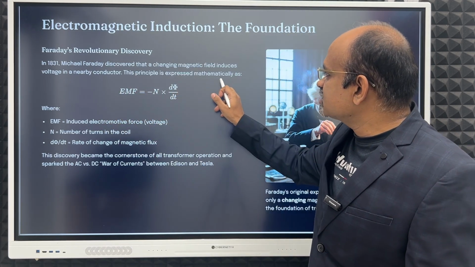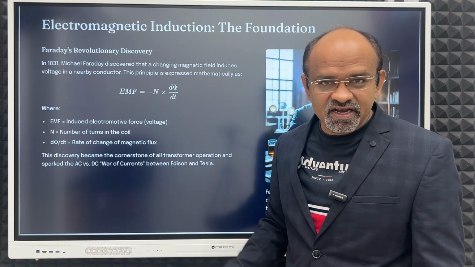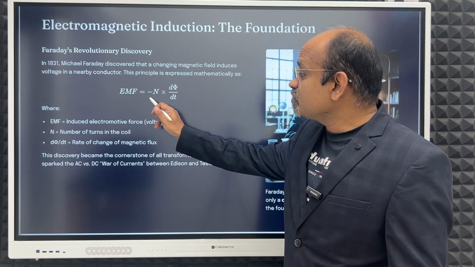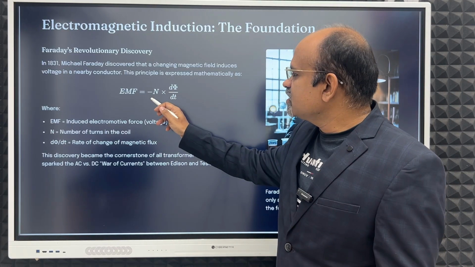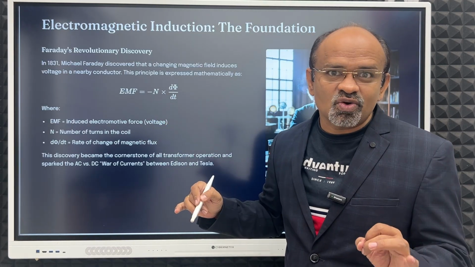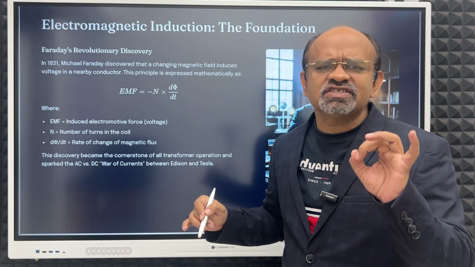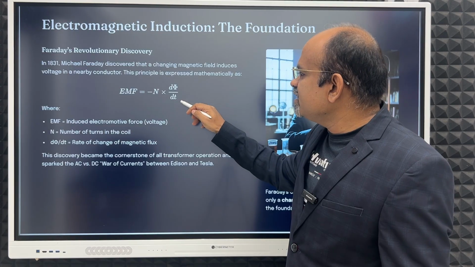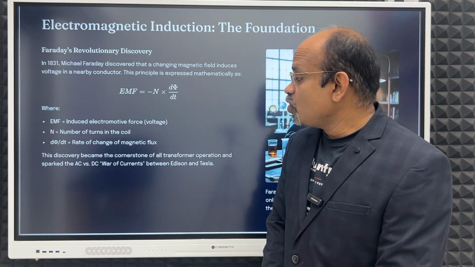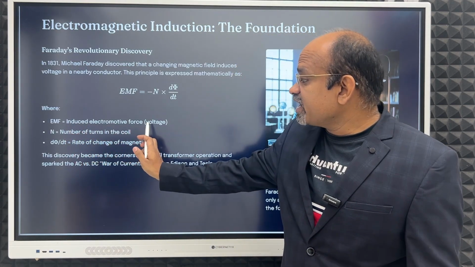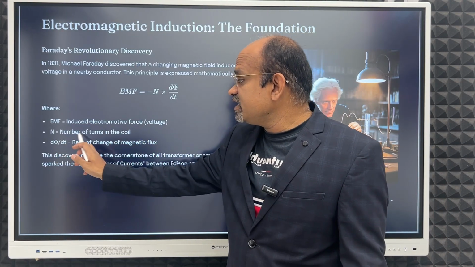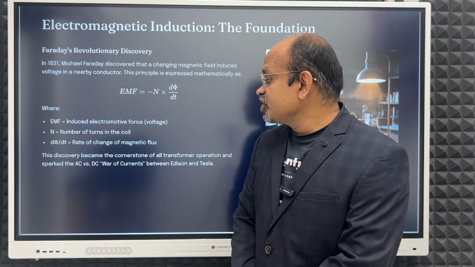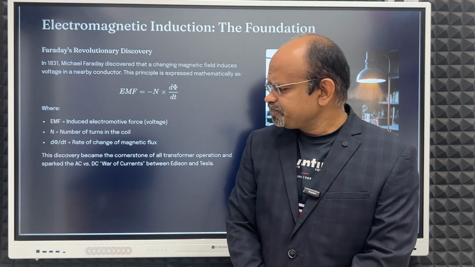The principle is expressed mathematically as EMF, electromotive force, that is a voltage. So the equation is EMF equals N multiplied by dΦ divided by dt. Just remember it. Here N is the number of turns and dΦ/dt is the rate of change of magnetic flux.